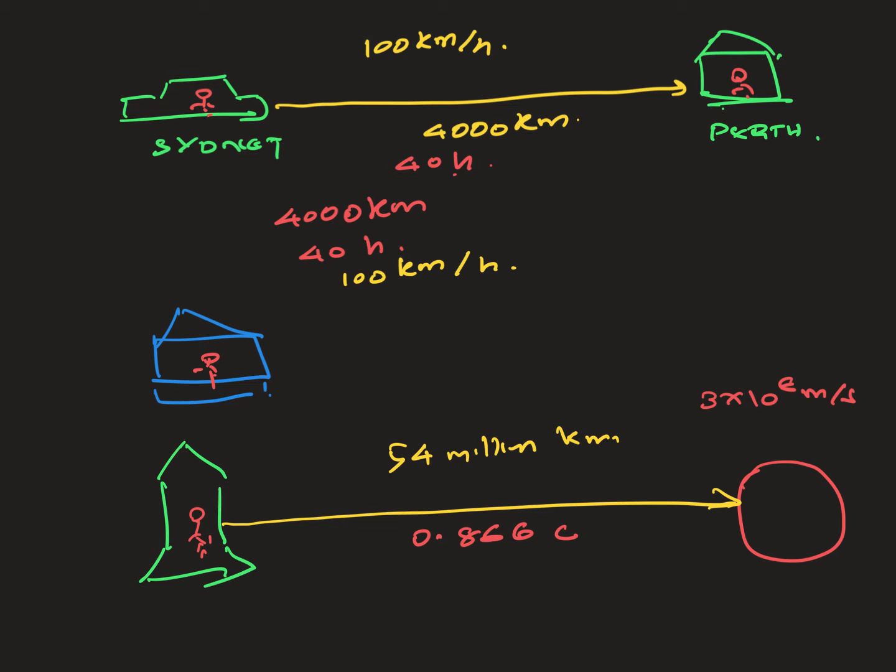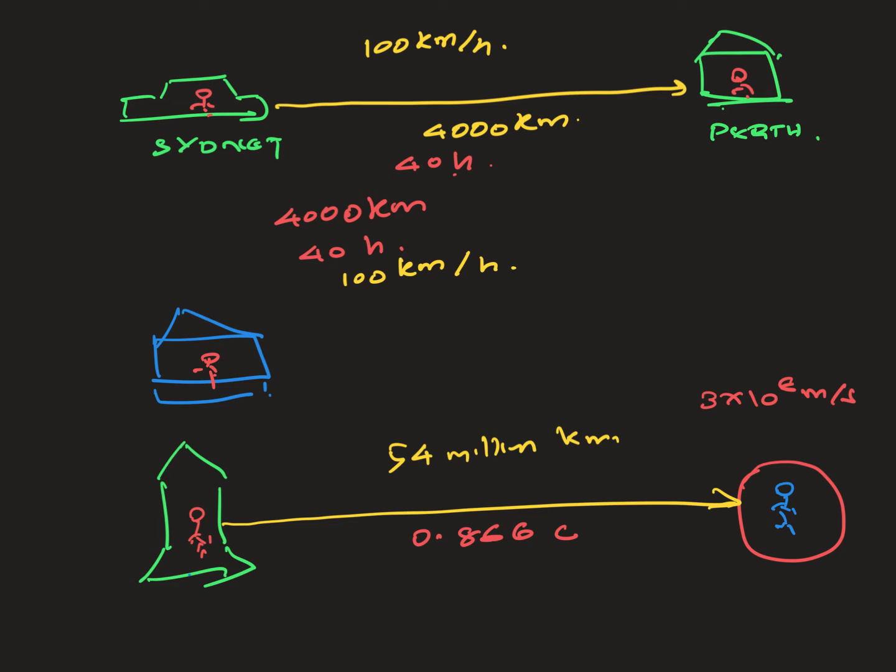So now here's the problem. Your friend went to Mars. So now his temperature and everything changed. He's different now. And you're communicating with your friend. Obviously it's 54 million kilometers, right? If you travel at 0.866 c, it would take about 208 seconds.